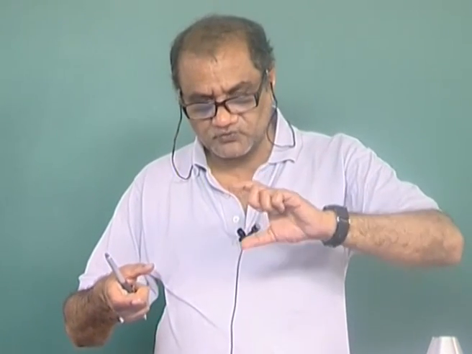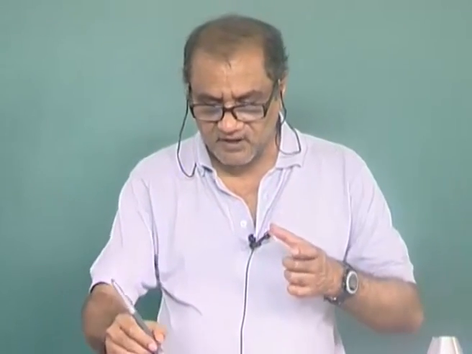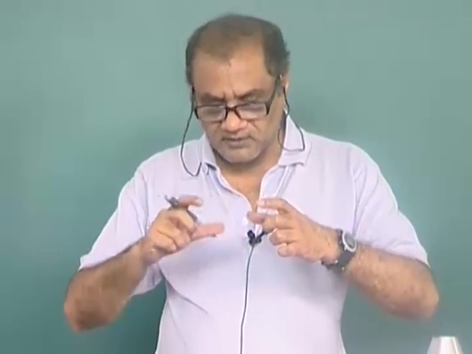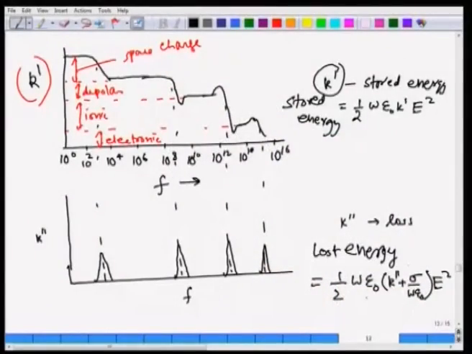If the polarization were able to switch at the same rate as the electric field, then we would have had only K prime, and all stored energy. But because it is not able to follow, a phase difference emerges and you start getting a loss. This is the lost energy, which appears as heat, and water starts boiling, so you can cook your food. It is because of this energy that this is happening.